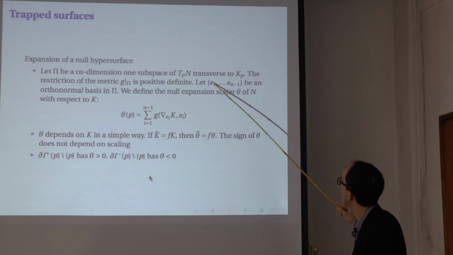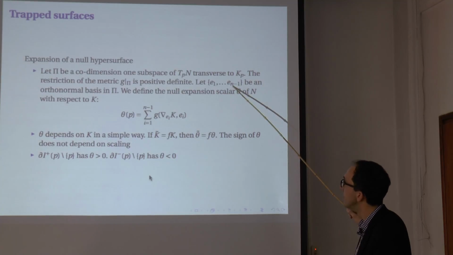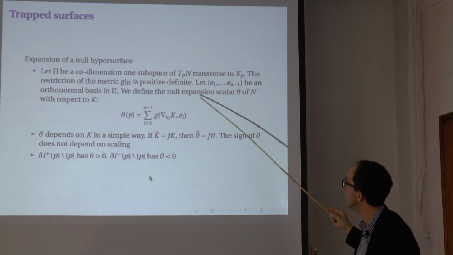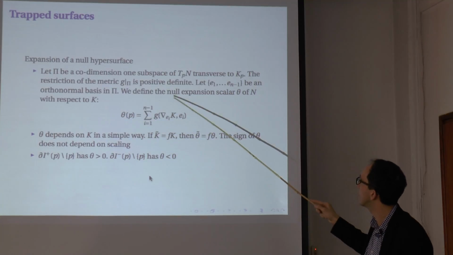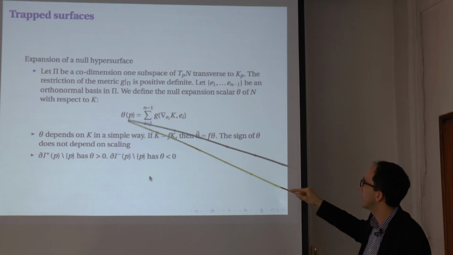So let e_i, i from 1 to n minus 1, form an orthonormal basis in Pi, and then the definition of the expansion scalar for this null hypersurface is just that.